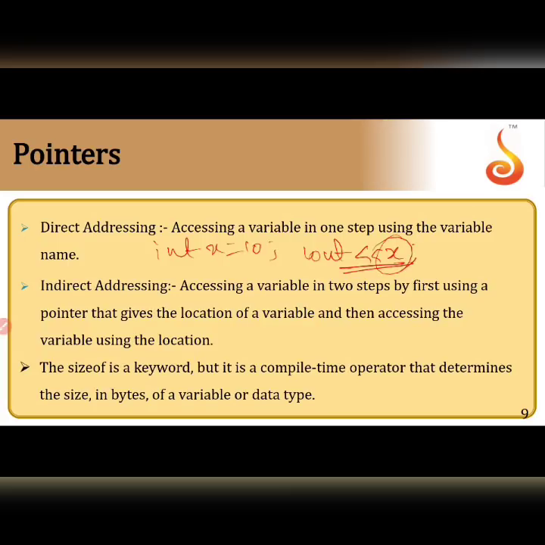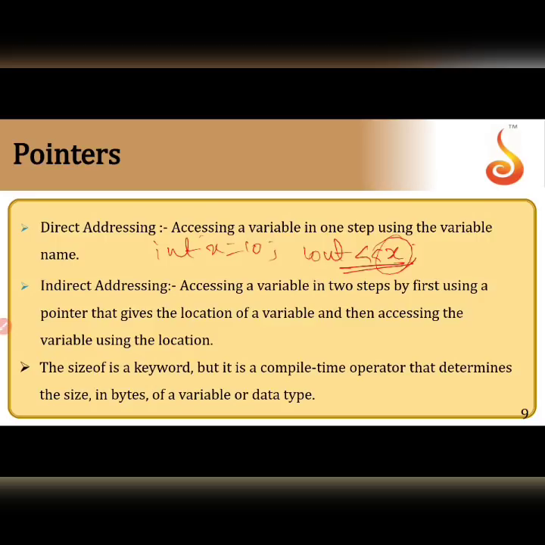So, I am accessing x using the variable name, right? This is nothing but direct addressing, accessing a variable in one step using the variable name. So, if I have a variable x and I am storing a value 10 in that, and if I say cout x, I am directly accessing it using the variable name. This is direct accessing.